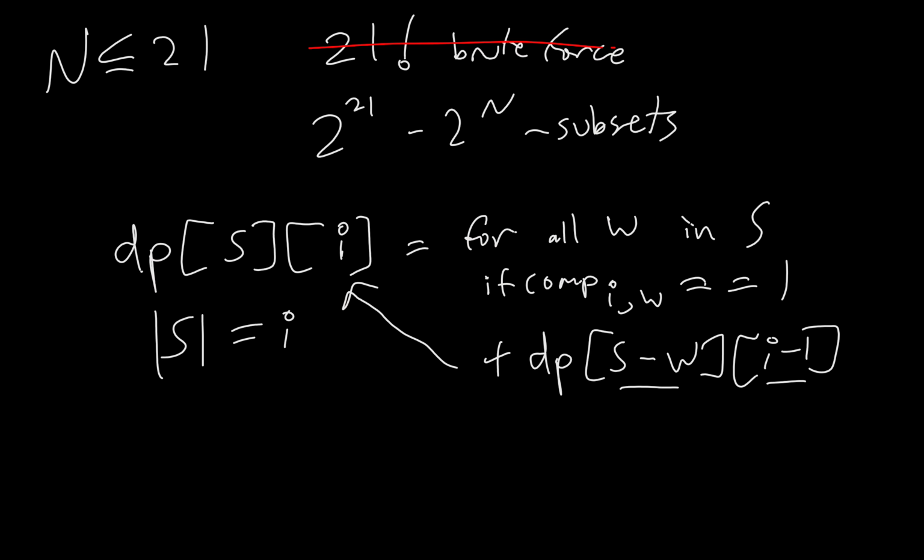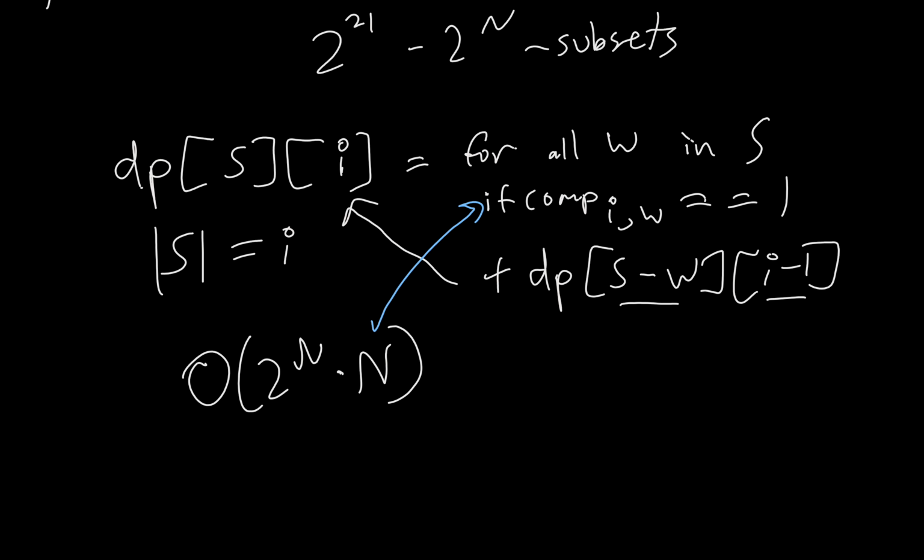So the complexity of this is 2 to the n, which is every single subset which you have to calculate, and n, which is just because you have to loop over every woman to do these checks here. And the easiest way to do this would be using bit masks. So you would iterate over every bit mask, which is just 0 to 2 to the n minus 1, and then you do this calculation.